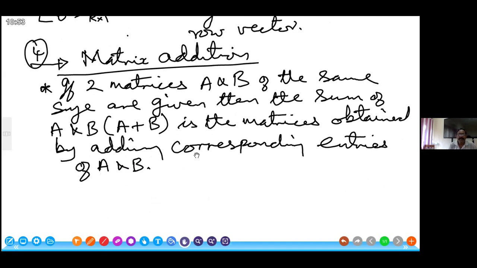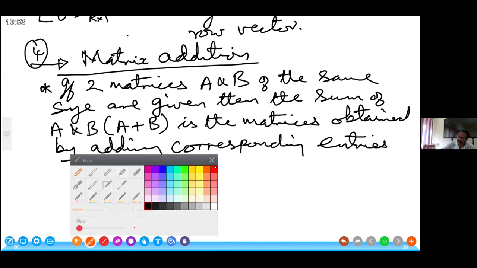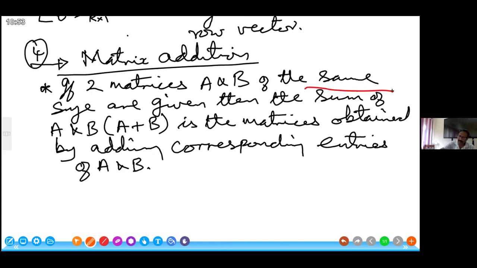The same size is very important in addition. Matrices of the same size are given, and the sum is obtained by adding the corresponding entries.